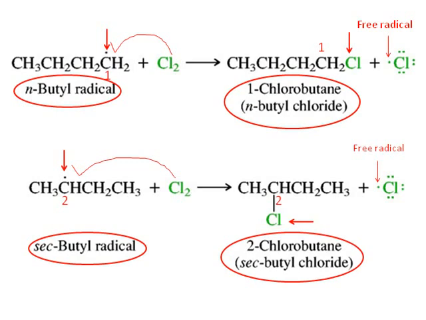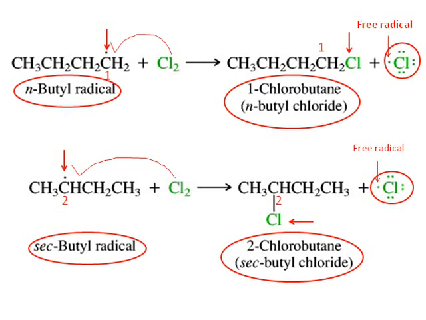Here you can see in both the reactions the chlorine free radical is again generated. This chlorine free radical again reacts with the butane as I have shown, and again 1-chlorobutane and 2-chlorobutane are produced.